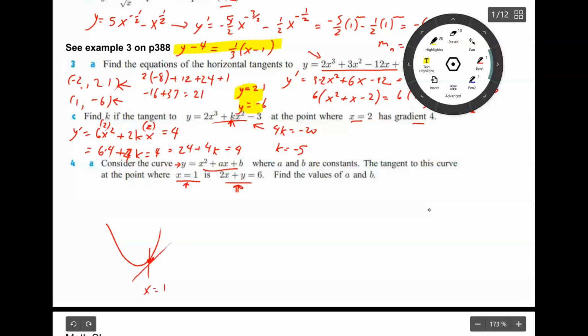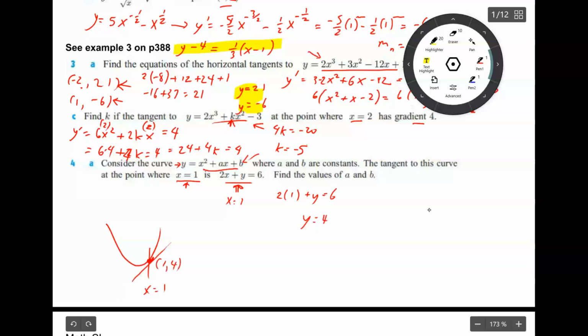Now, if we plugged x equals 1 into this, we'll get nothing because we don't know a and b. But we could plug in x equals 1 here, and that should give us the y-coordinate. So 2 times 1 plus y equals 6. Y equals 6 minus 2, which is 4. So y is 4. So we know that this point here is actually (1, 4).